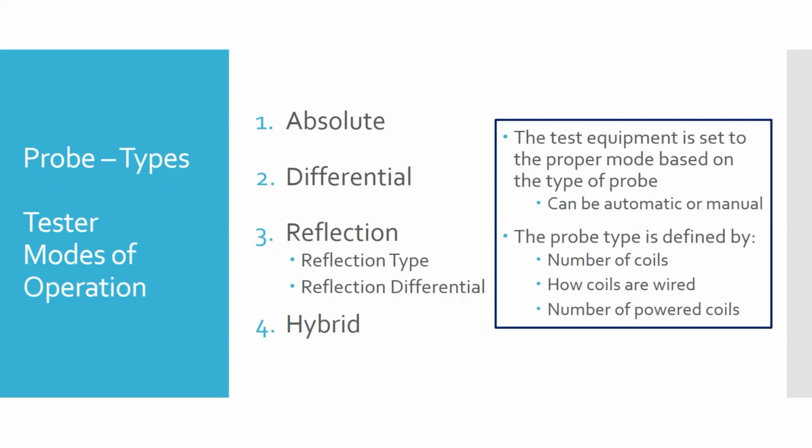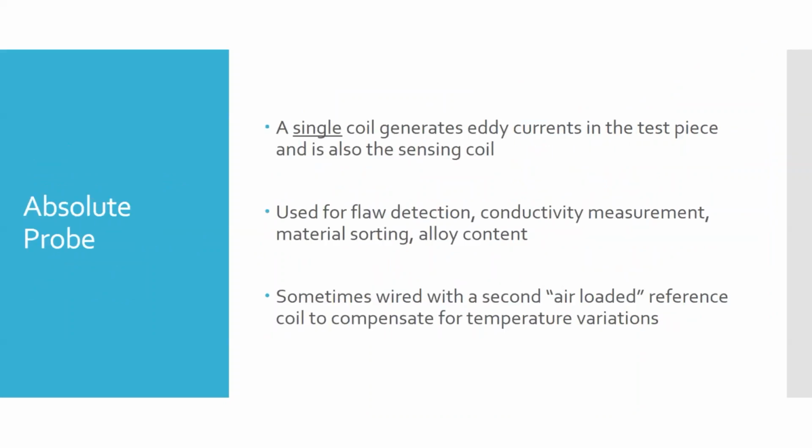So you have to know what type of probe you're using, and if it's a hybrid probe, what to set your tester to. Each one of these can have 1 or more coils. They can be wired in different ways, and some may be powered, some may be unpowered, depending on the probe setup and what it's trying to do.